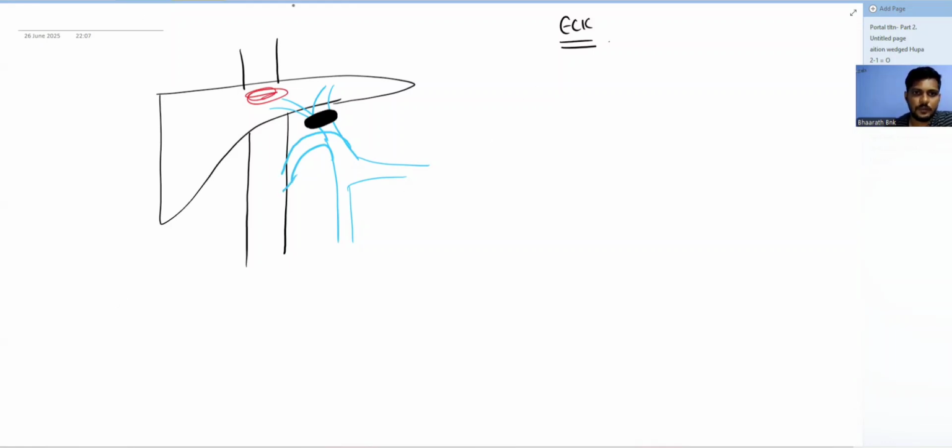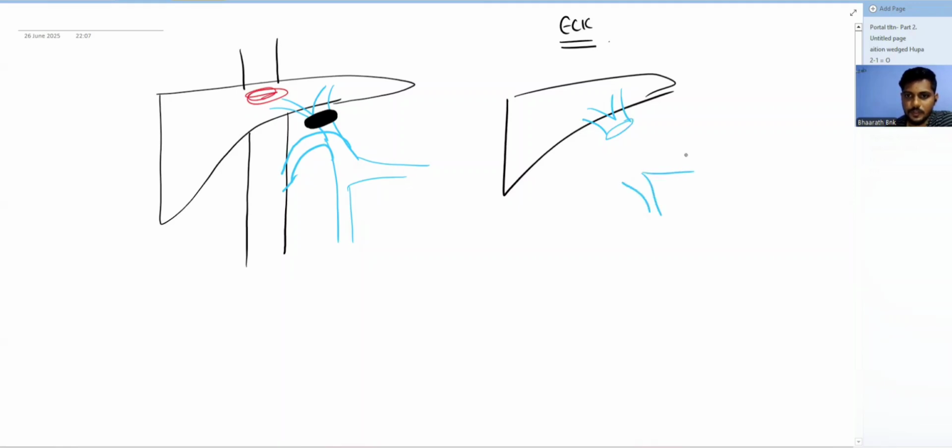So this is the liver, the portal vein at the hilum was ligated, with the superior mesenteric vein and splenic vein joining the portal vein. This portal vein was taken, and this portal vein was inserted into the infrahepatic part of the IVC, right? So that is why this is the end of the portal vein. This is the side of the IVC.